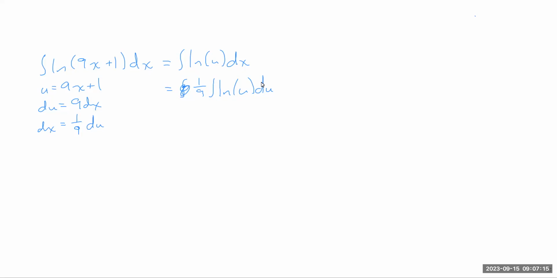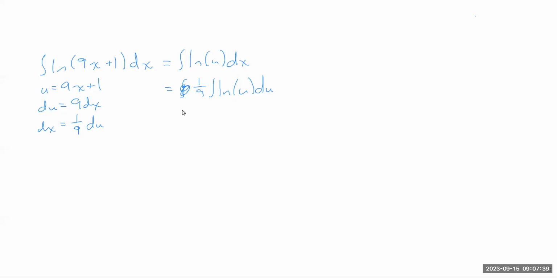If you don't have it memorized, I wouldn't be shocked, but there are other ways we can get there. I think substitution is helpful for making the inner function simpler. But what else can we do to handle the integration of natural log? Integration by parts.